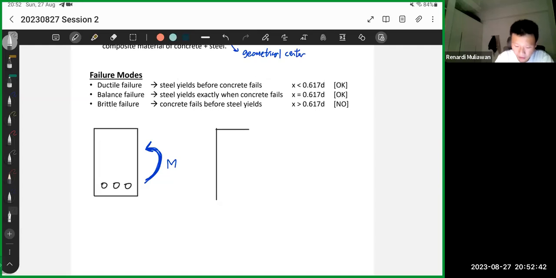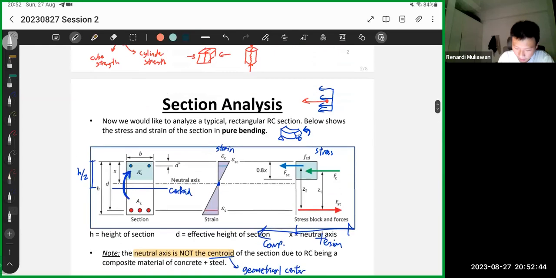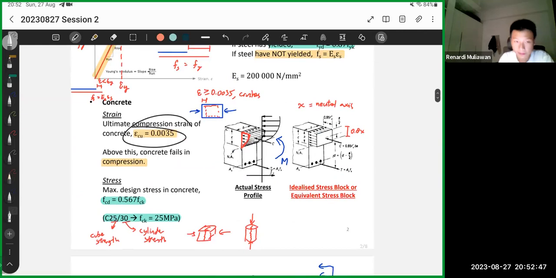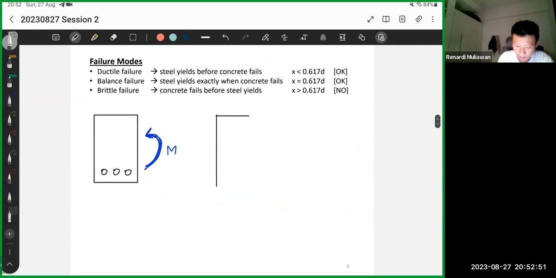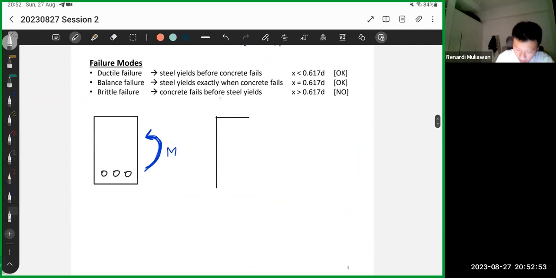Remember that concrete fails at 0.0035. So let's assume that the concrete has failed. Since the top is the one getting compressed, it reaches compression failure. So this is 0.0035, basically epsilon Cu.